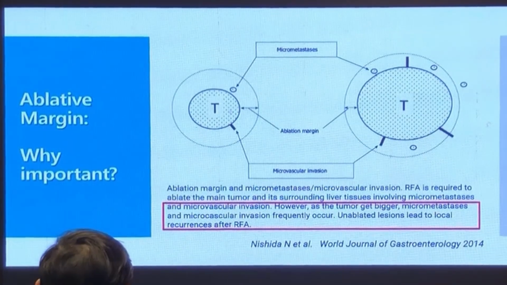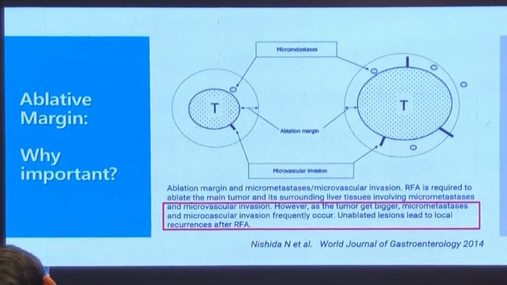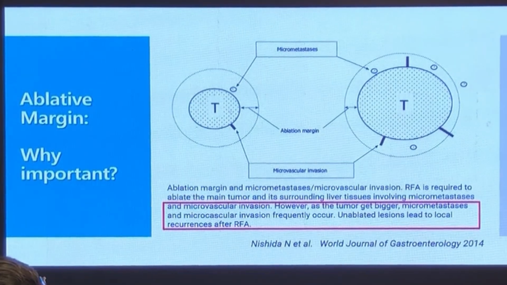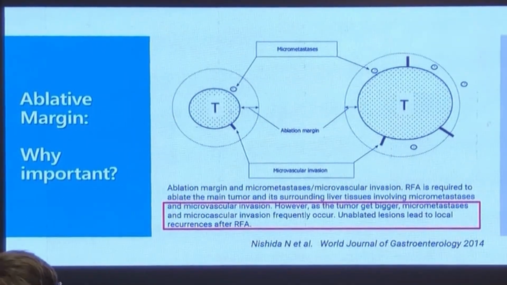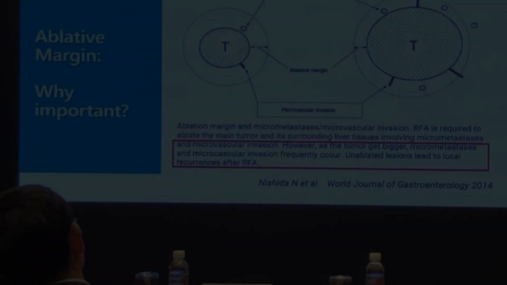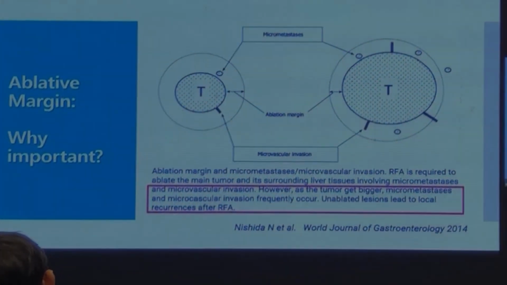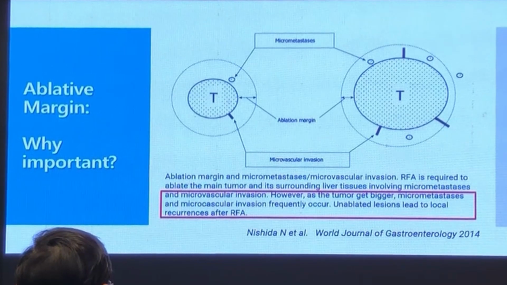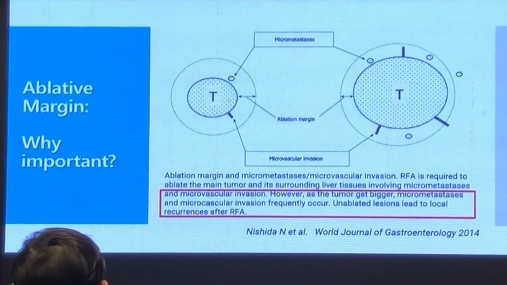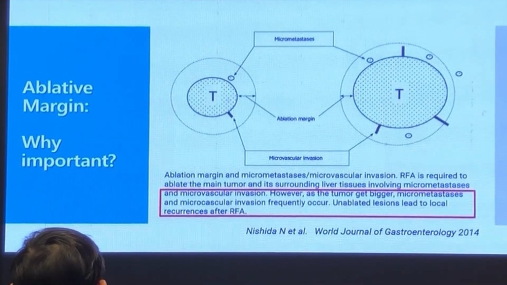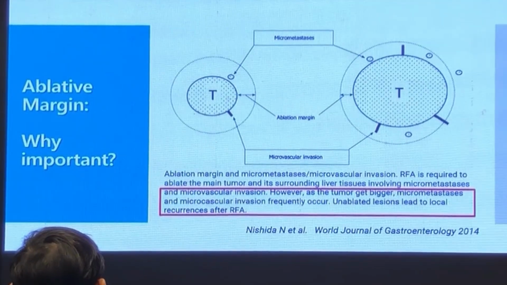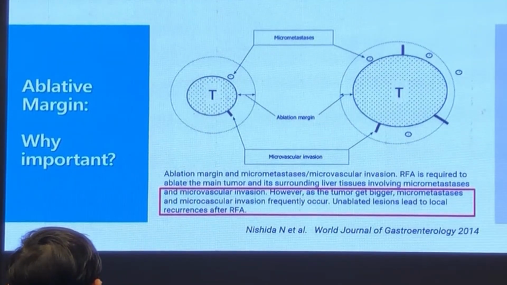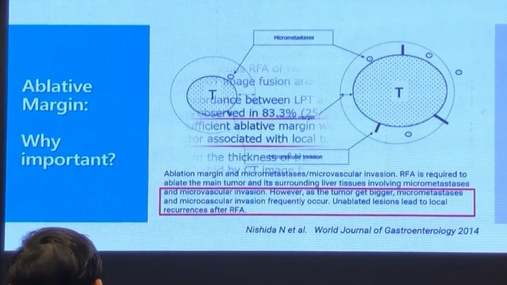Why is ablative margin important? Because of microsatellite nodules or microvascular invasion around the index tumor. As the tumor is getting bigger, micrometastasis or microvascular invasion frequently occur, and unablated lesions lead to local recurrence after radiofrequency ablation.